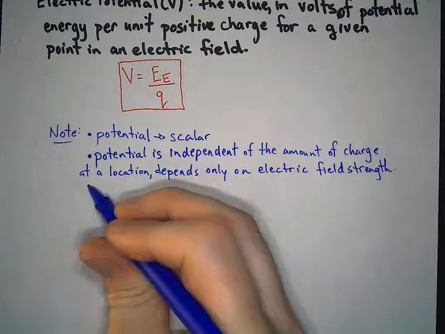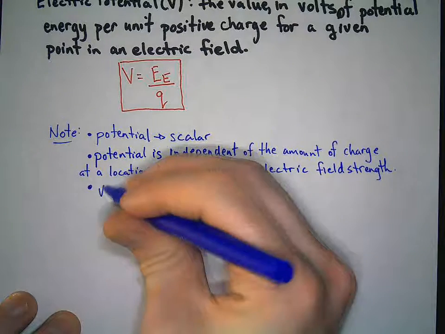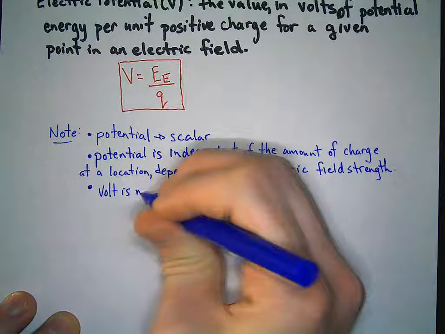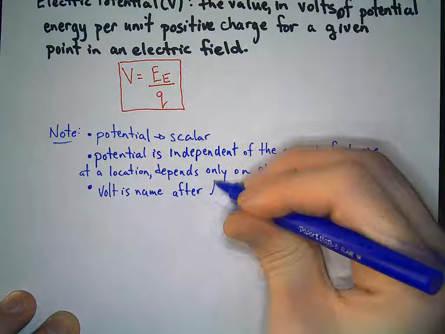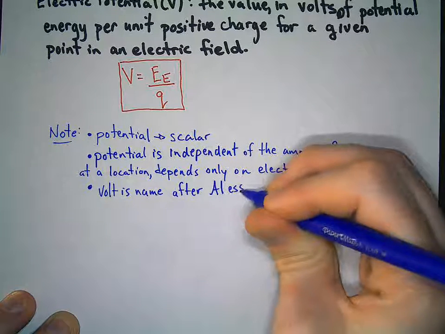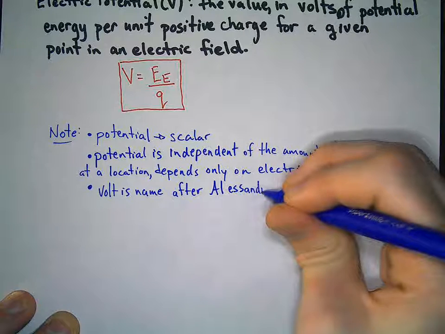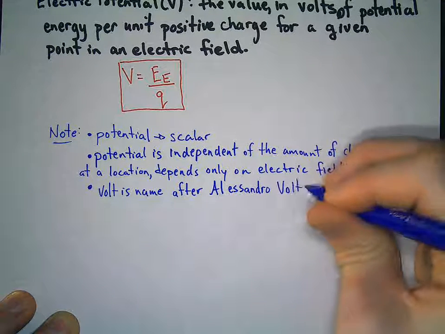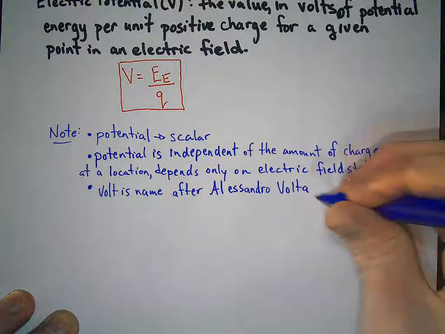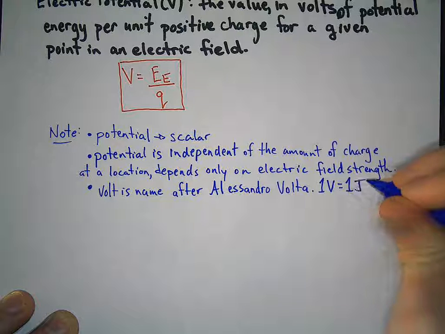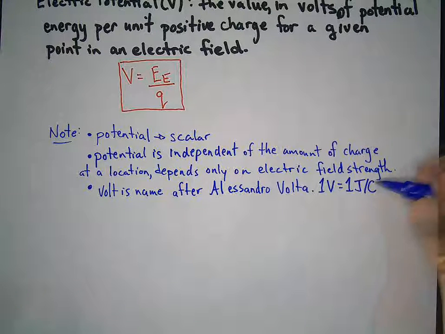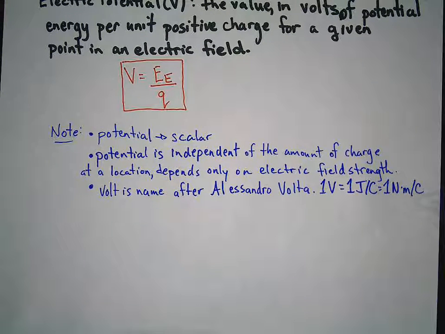The unit for electric potential is the voltage, and the volt is named after Alessandro Volta. And note that 1 volt is equal to 1 joule per coulomb, and the joule is also a Newton meter, so it's also equal to 1 Newton meter per coulomb.